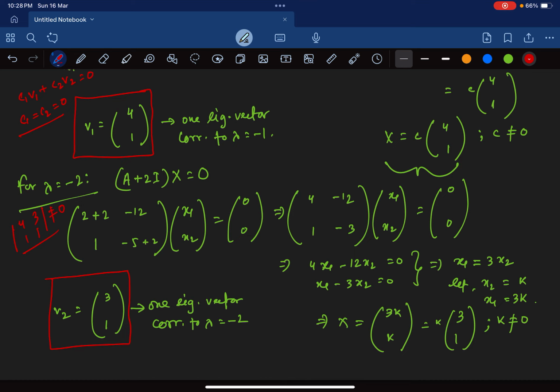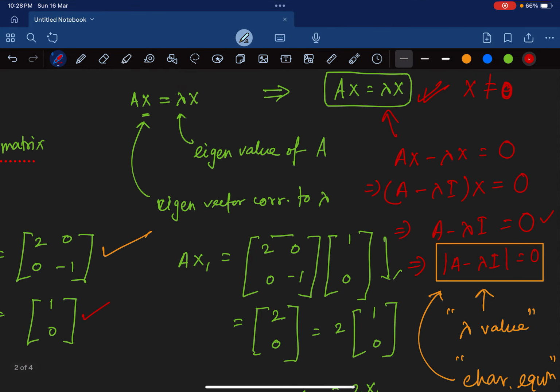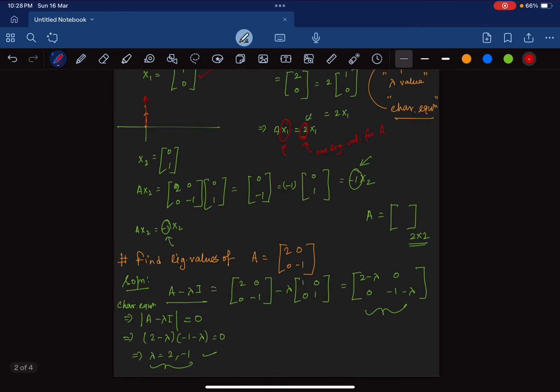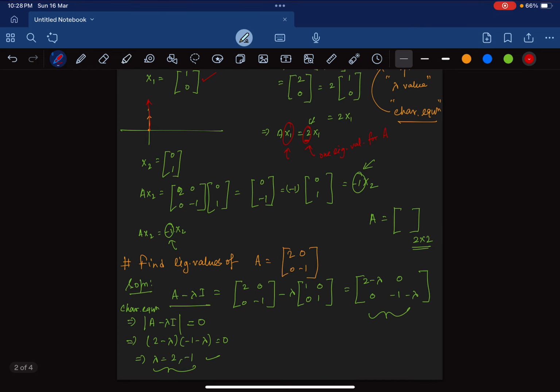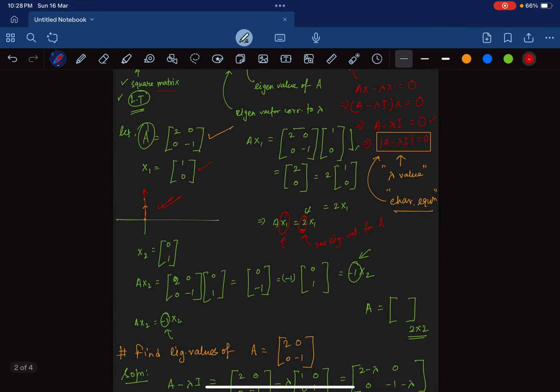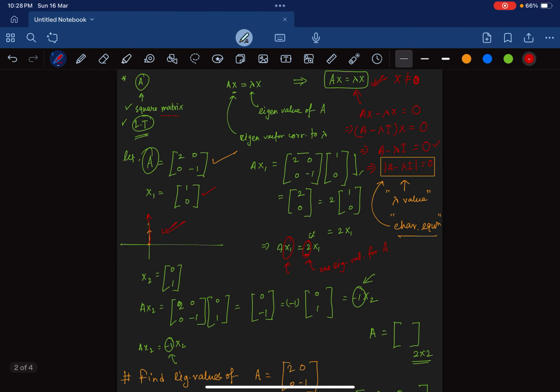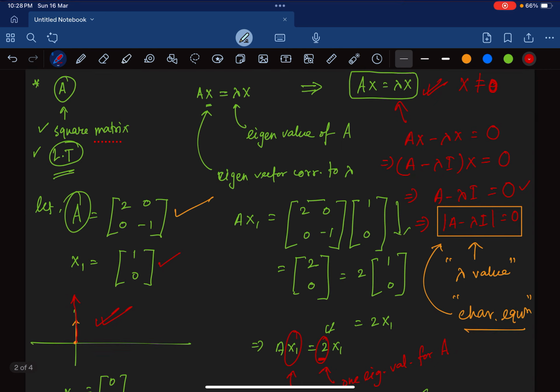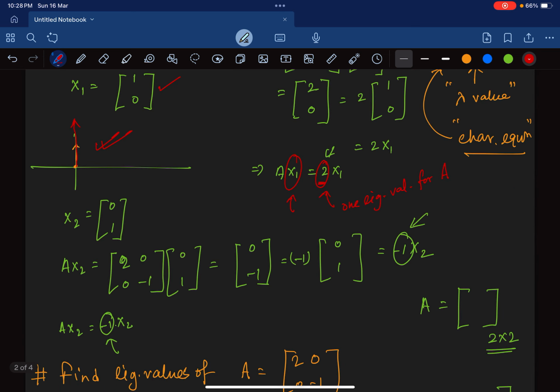So for the time being, what we understood from today's discussion is the basic idea of eigenvalue and its geometrical interpretation. Actually, when you write λ times, this particular vector either gets stretched or contracted.